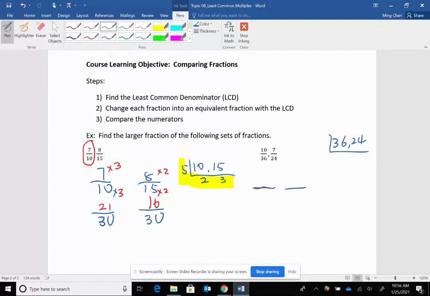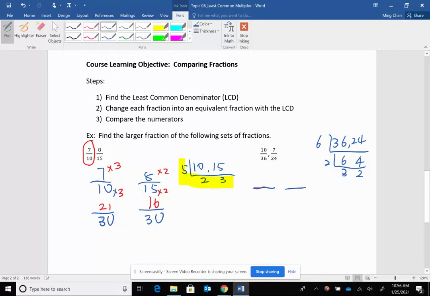You know, the divisibility by 6. So 6 goes into 36 6 times, 6 goes into 24 4 times. I'm going to use 2, okay? 2 goes into 6 3 times, 2 goes into 4 2 times.